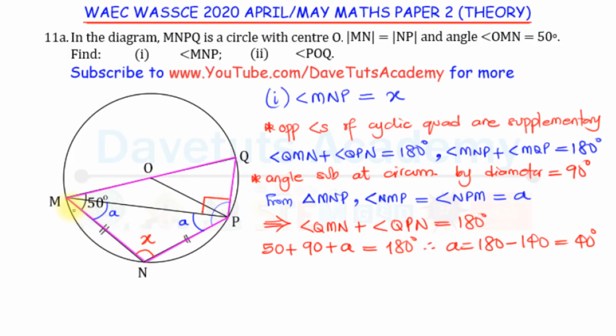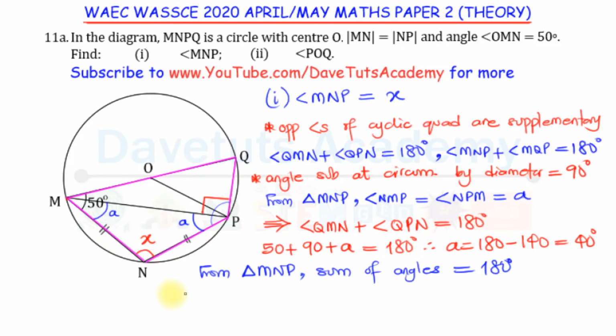I can now look at this triangle MNP to say, from triangle MNP, I know that the sum of angles of a triangle is 180 degrees. So I can say the sum of angles is going to give me 180 degrees.